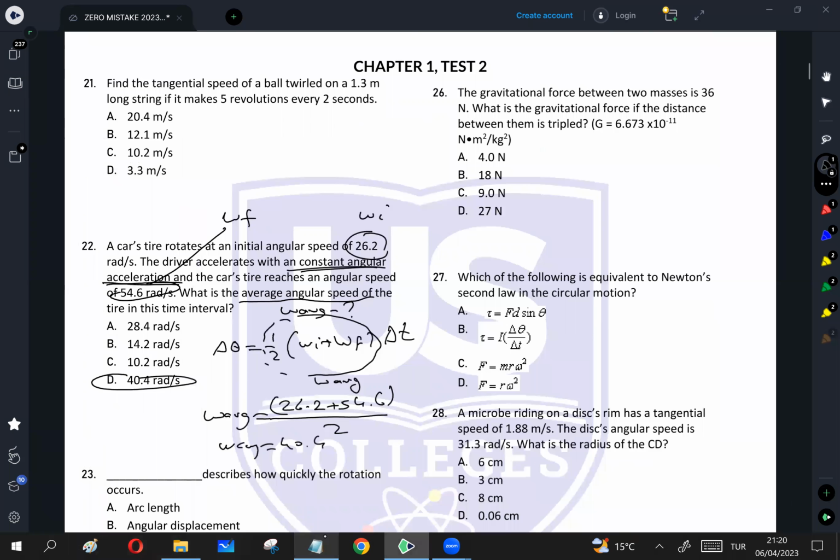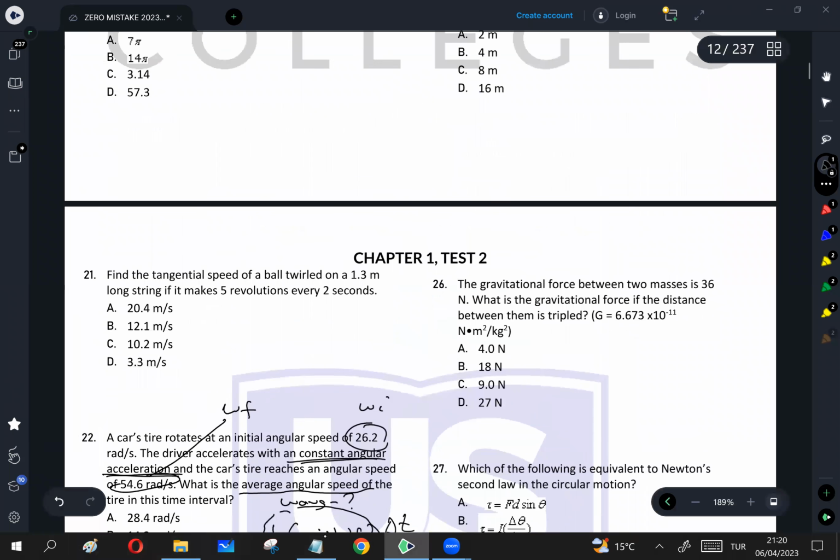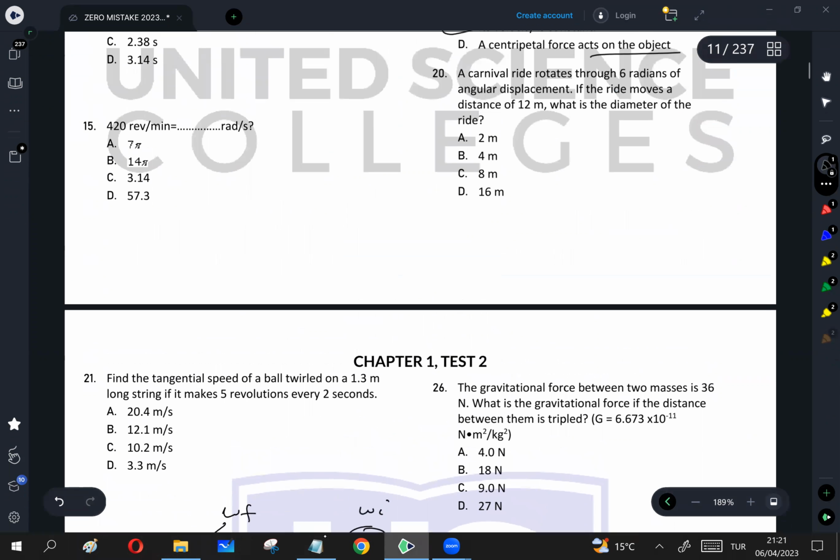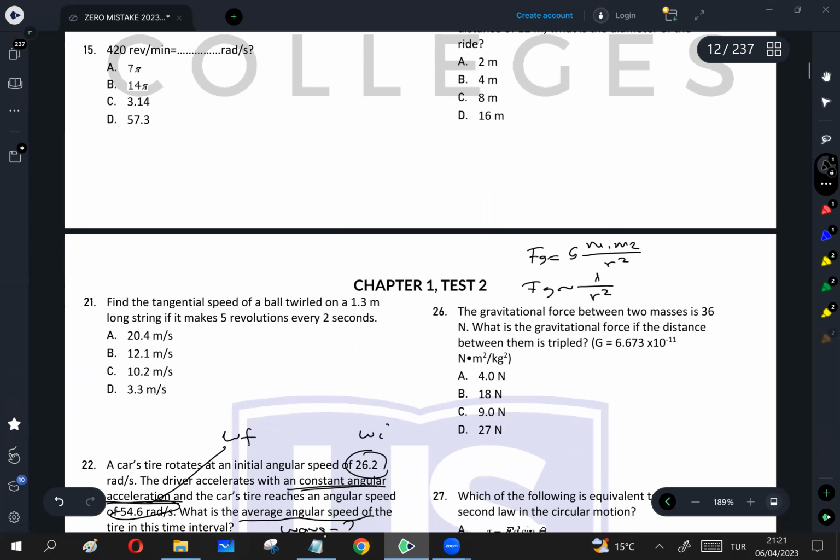Question 26. The gravitational force between two masses is 36 Newton. What is the gravitational force if the distance between them is tripled? We know the gravitational force equation: F_g is equal to capital G m1 m2 divided by r squared. According to this equation, F_g is inversely proportional to the square of the separation.